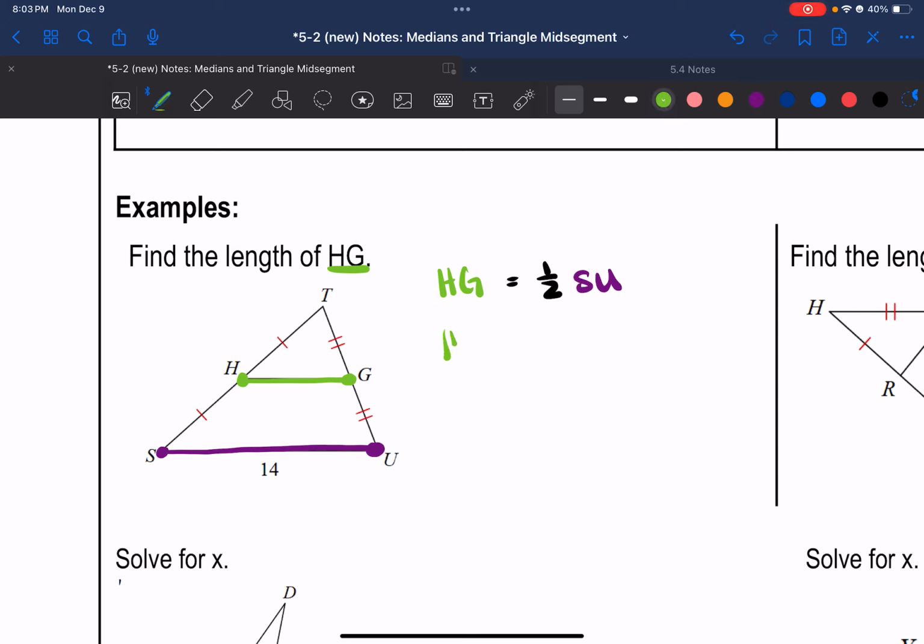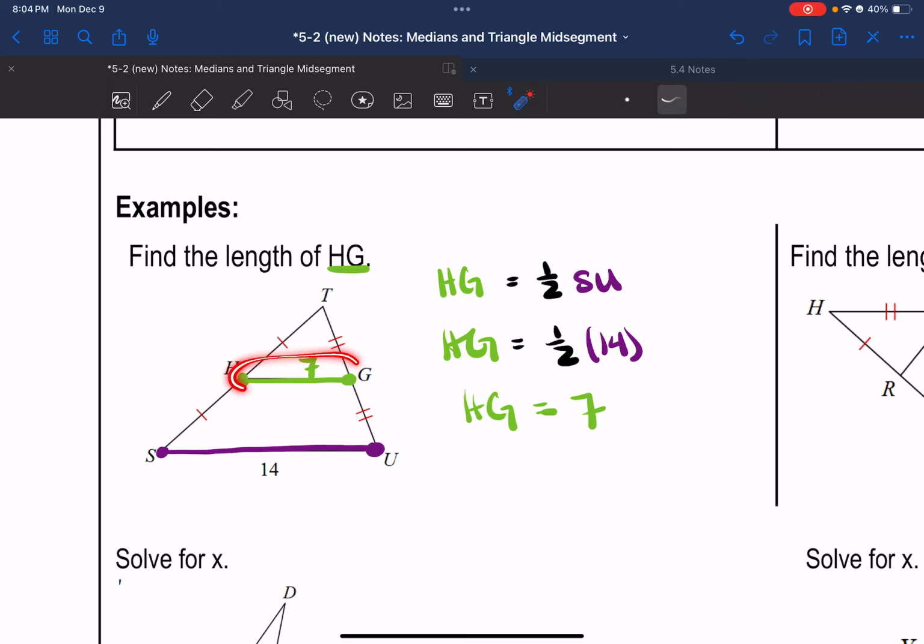And so let's go ahead and write that. HG is equal to half of 14. So HG is 7. And it should make sense that your mid-segment line, which is HG, is smaller than the longest side.